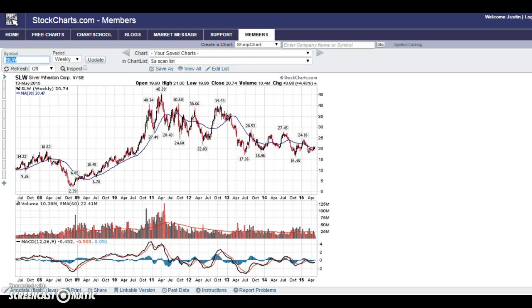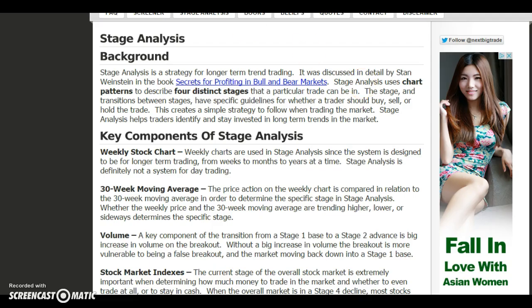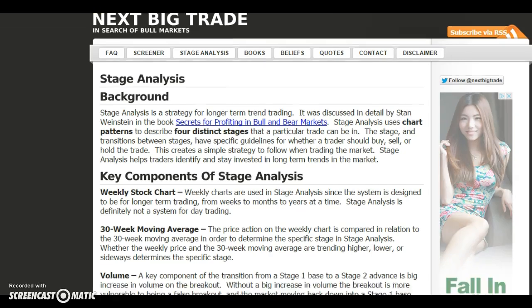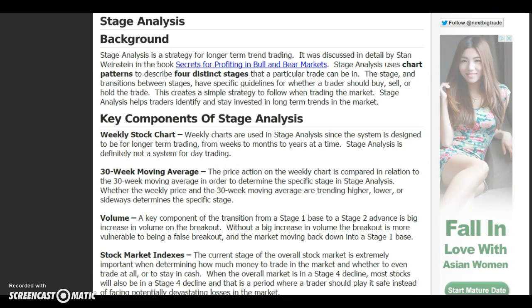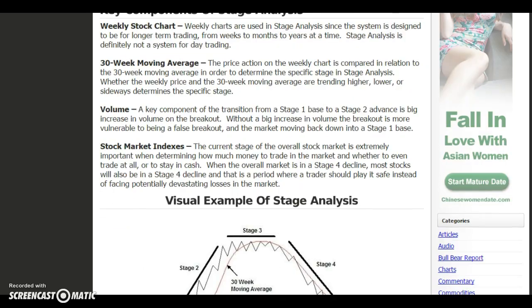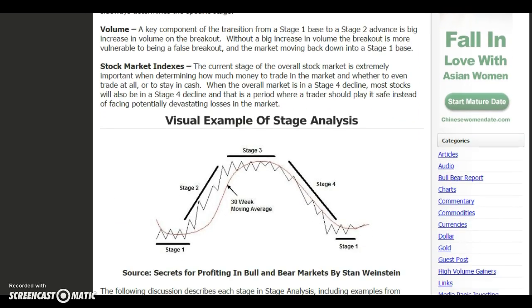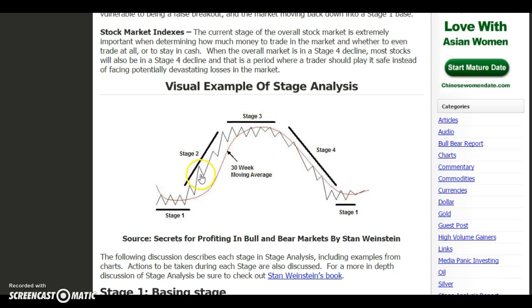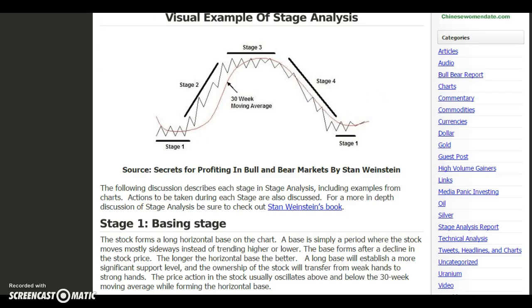I encourage you to go onto my website or read Stan Weinstein's book, because if you're looking for a way to get into markets early after they've been sold out and buy low, and then have a strategy for holding your positions, adding to them and then selling high, stage analysis is a great system for doing that.